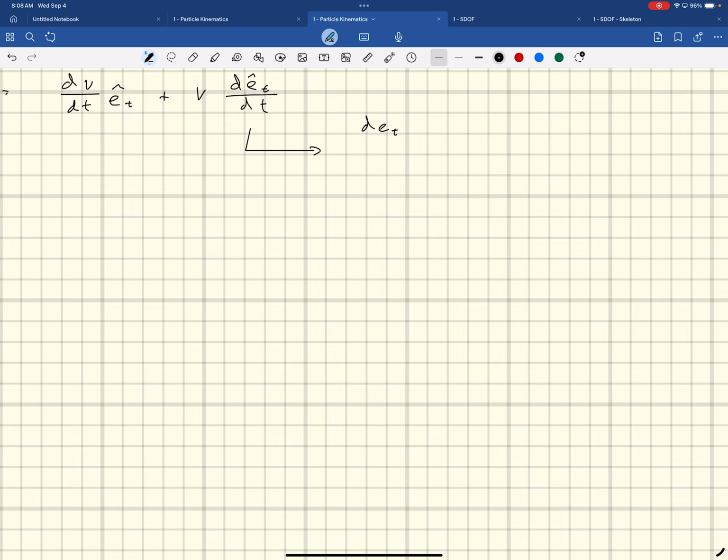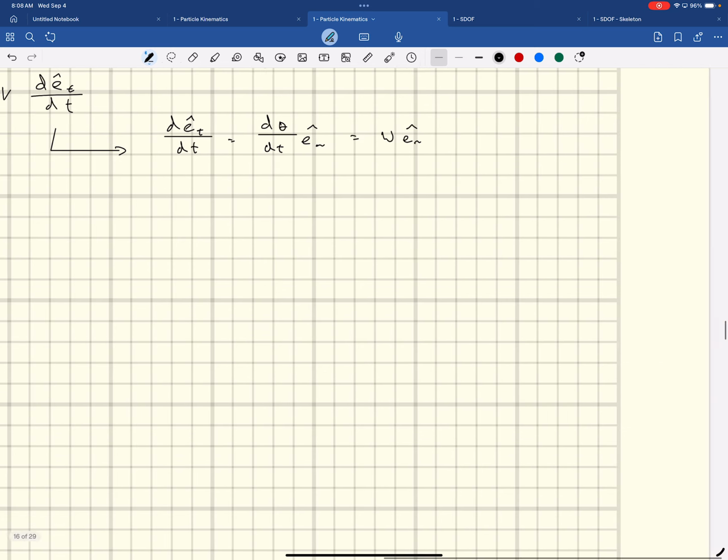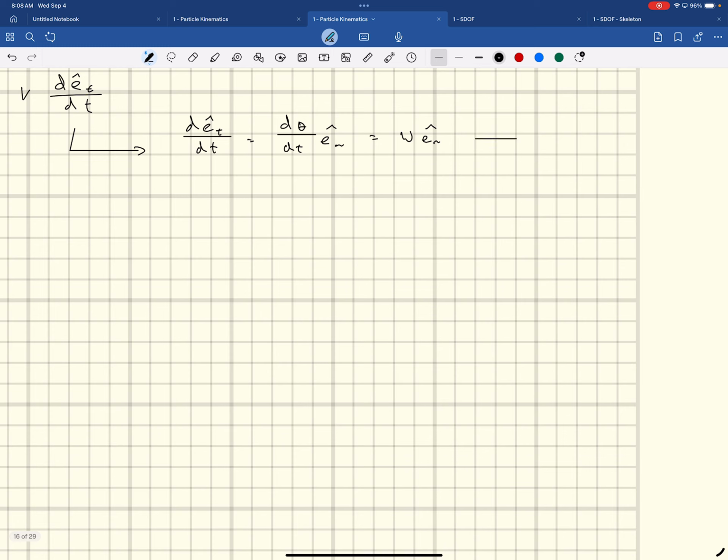So the derivative of ET hat with respect to time is equal to d theta dt in the EN direction. So this is omega in the EN direction. And say previous page.